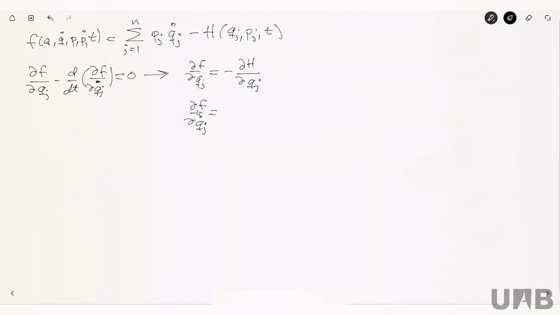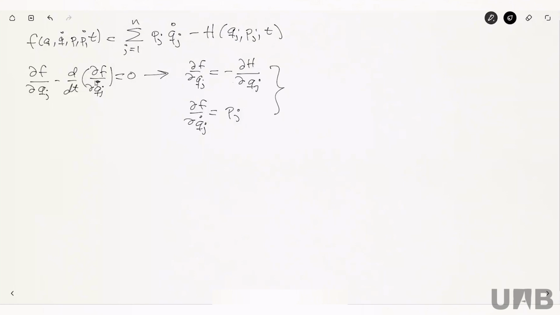So when I take the derivative of f with respect to q dot j, I pick up pj. And then h does not depend on q dot. It depends on q, depends on p, and also on t, but it does not depend on q dot. So then this is p, okay?